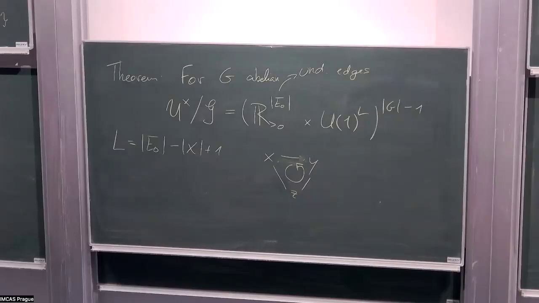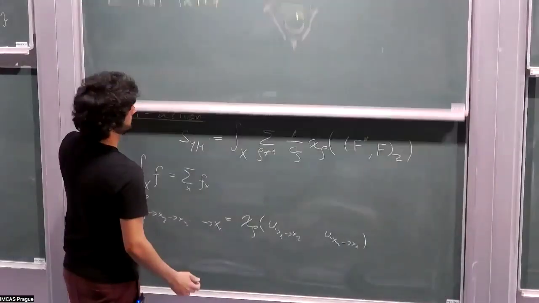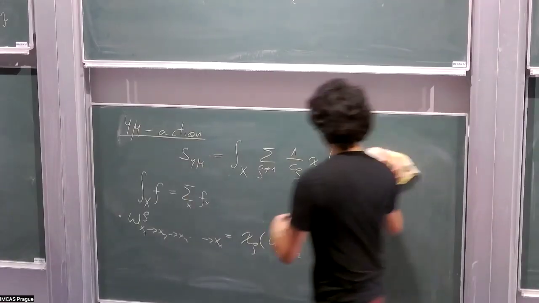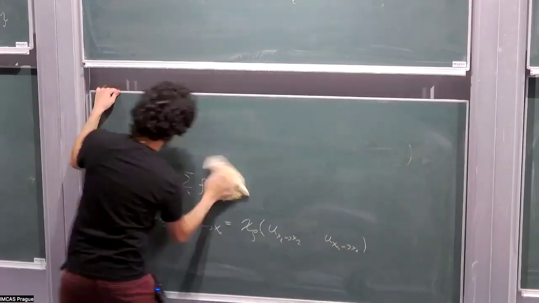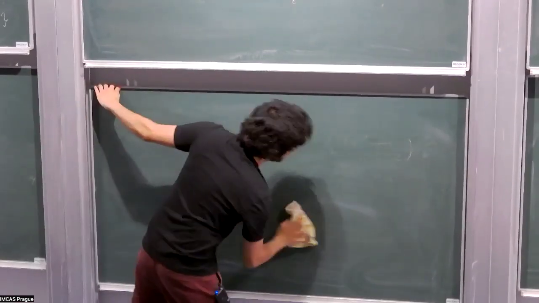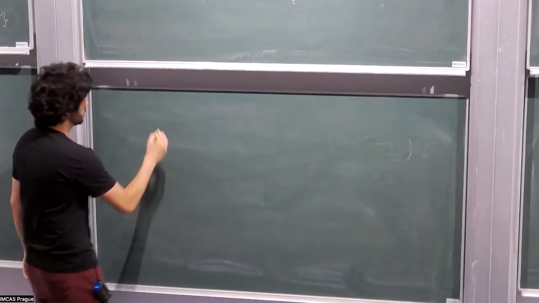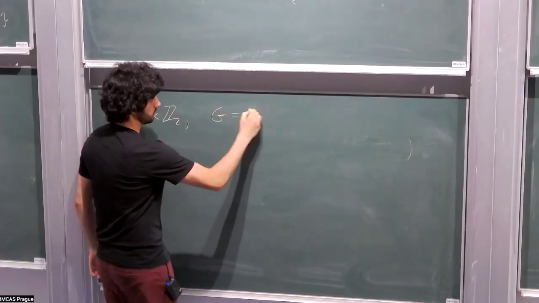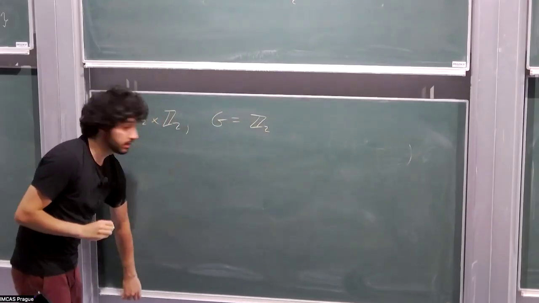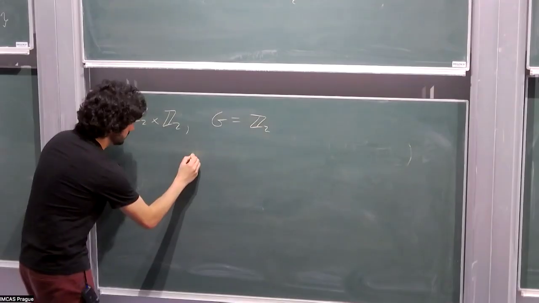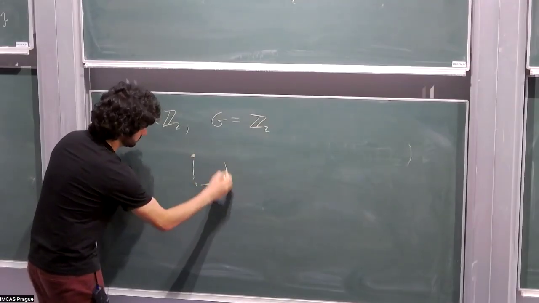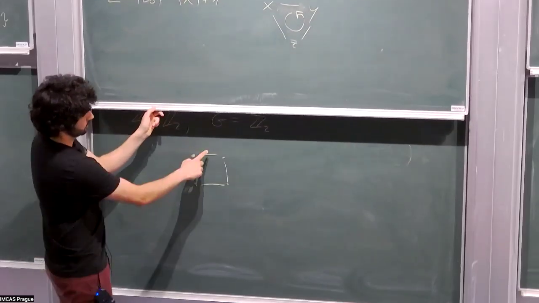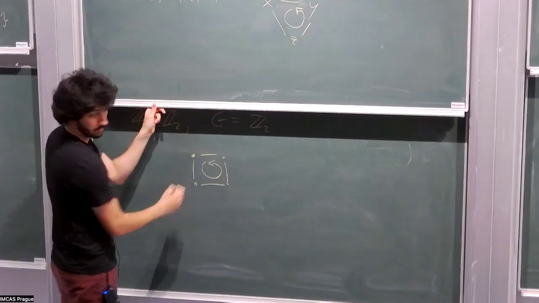Okay, now, just to give you one last result, if we look at the square, so if we look at the base being Z2 cross Z2, and then G being just Z2. So what will happen here is that we have this square, meaning that this is just 4 real modes and one going around.